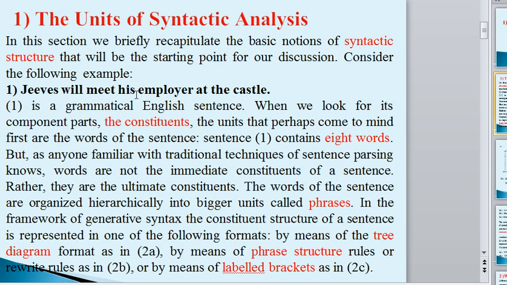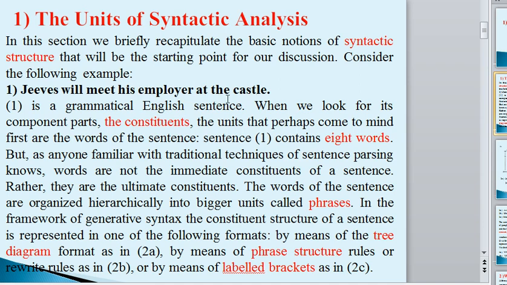When we look for its component parts, the constituents, if I ask you about the constituents and the words in this sentence, you say that this sentence consists of 8 words: Jeeves will meet his employer at the castle.